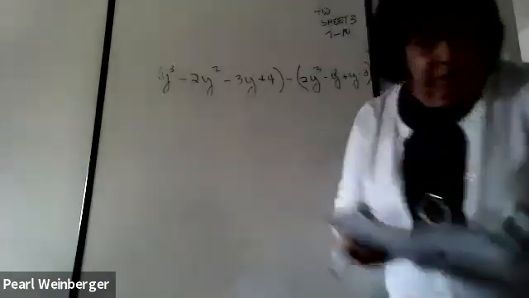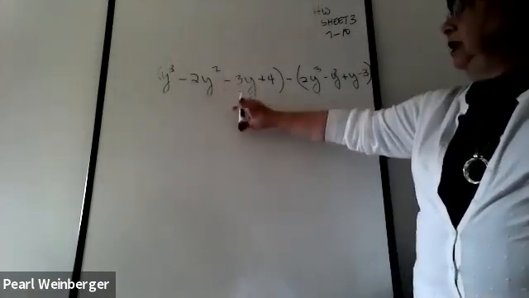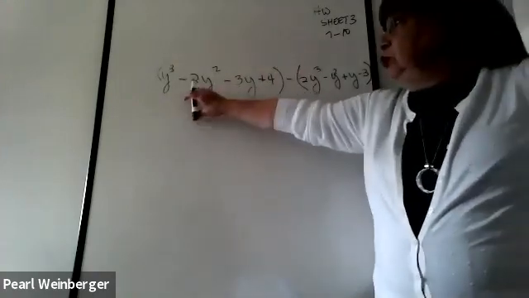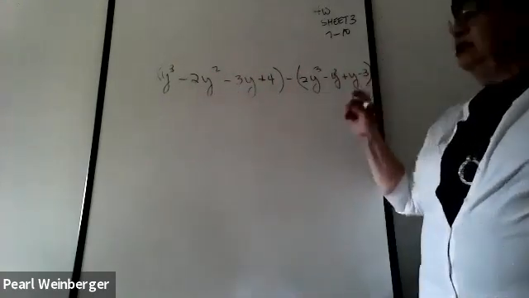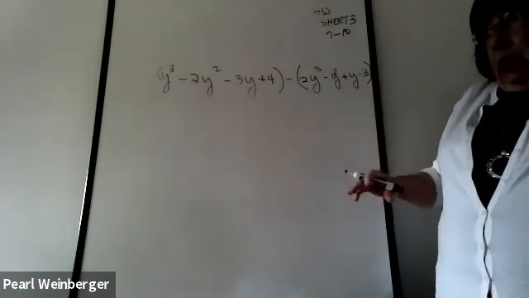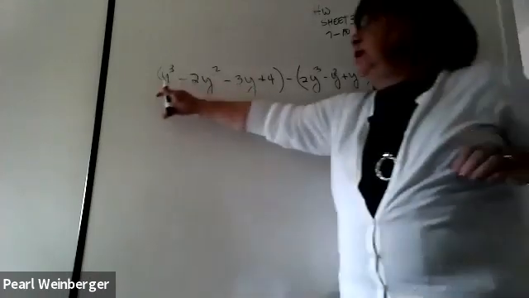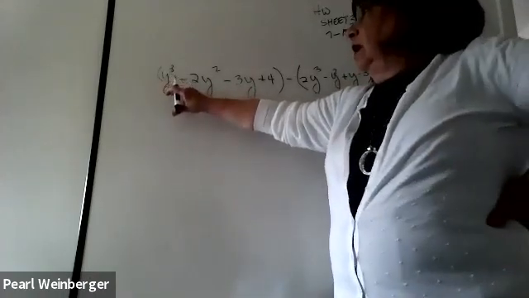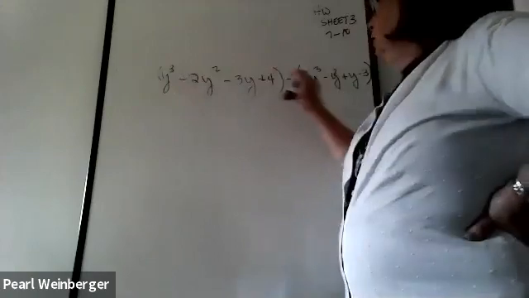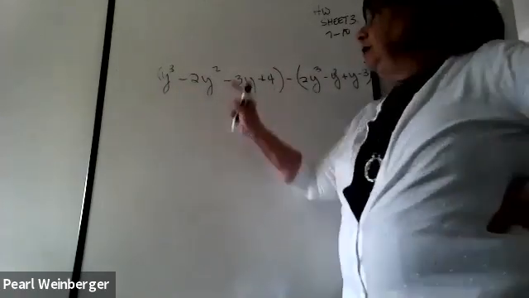In this example, we are subtracting two polynomials. These are two polynomials that each consist of 4 terms, so they don't have a special name. Just as a matter of interest, both of these polynomials happen to have just one variable, the variable y.